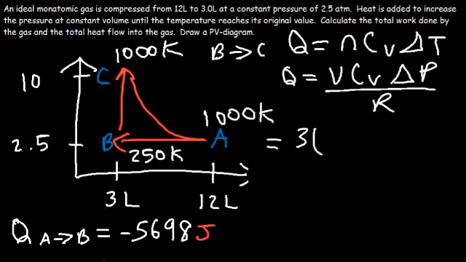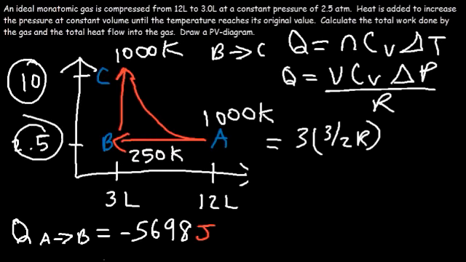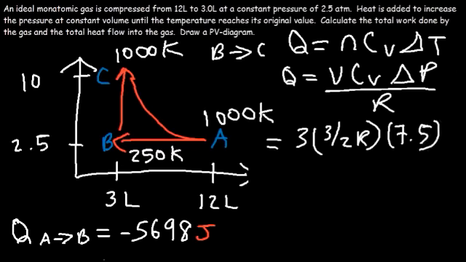And Cv, that's 3 over 2 times R. And delta P, the change in pressure, final minus the initial value, 10 minus 2.5, that's a change of 7.5, divided by R. And then multiplied by 101.3 to convert it back to joules. So it's 3 times 3 divided by 2 times 7.5. That's 33.75 times 101.3.